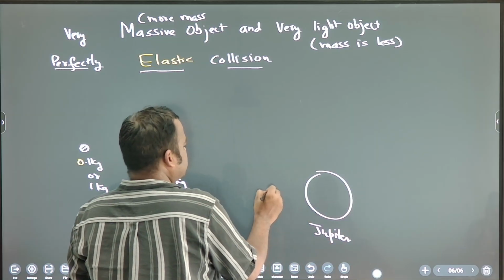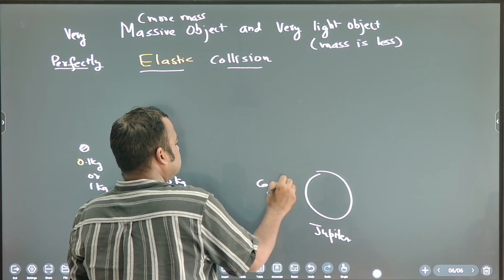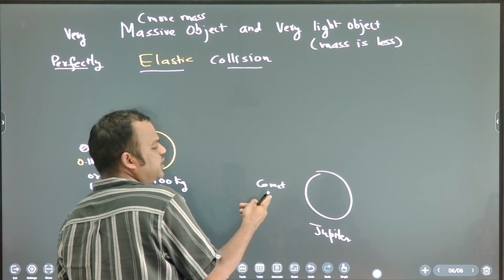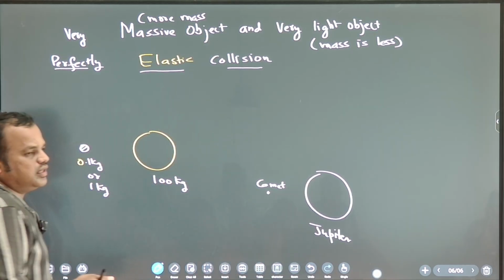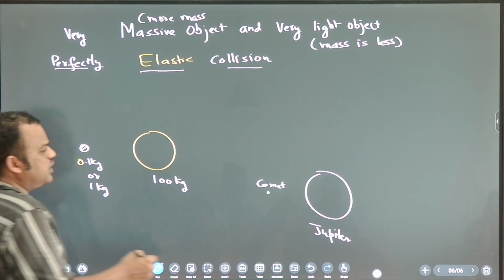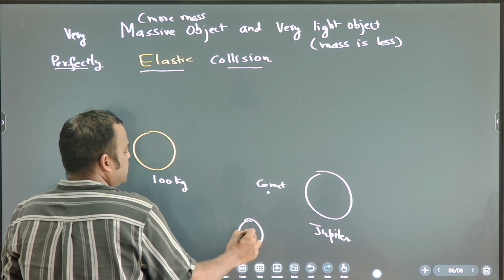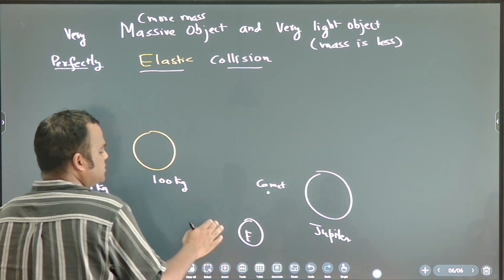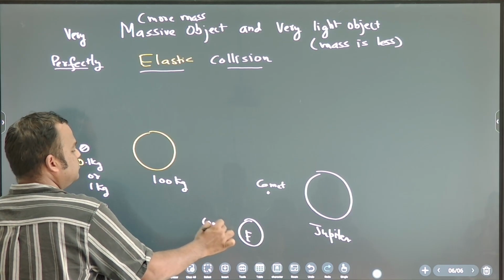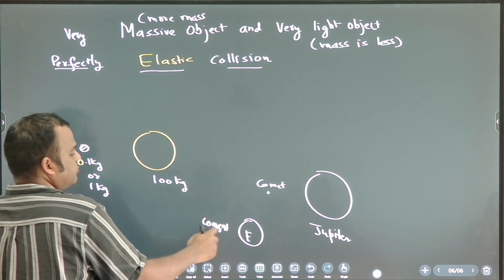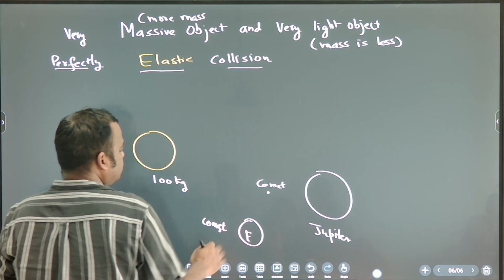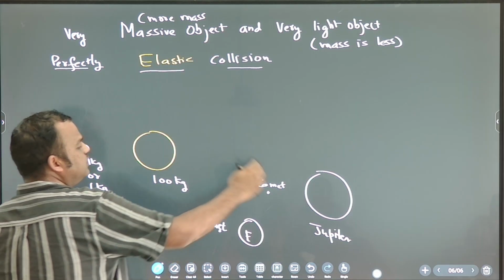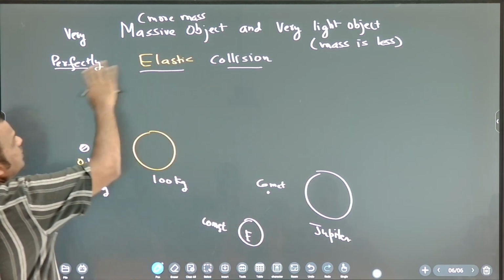But if you see some comet, the mass of the comet is very less. Earth mass is very large, but a comet's mass is very less compared to Earth. So a comet is hitting Earth.